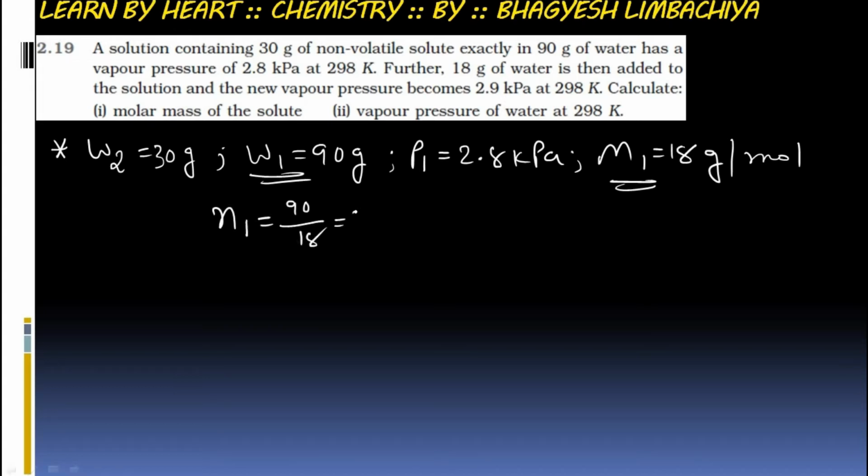So 90 by 18, it will be 5. N2 is 30 by M2, and M2 is asked in question number 1.